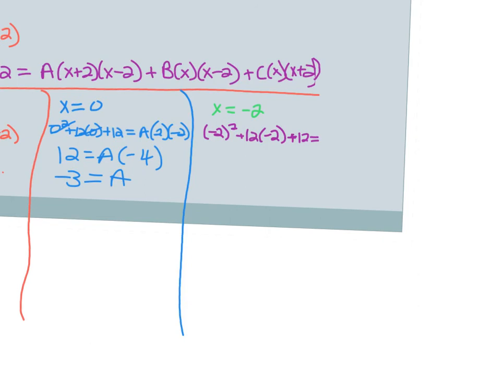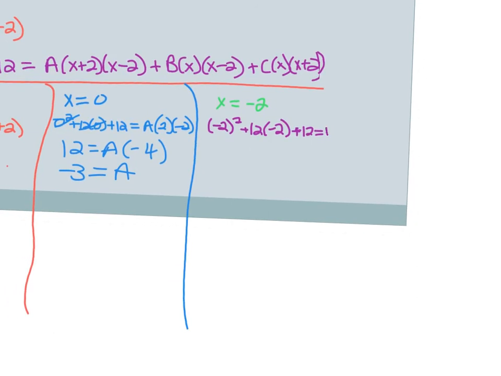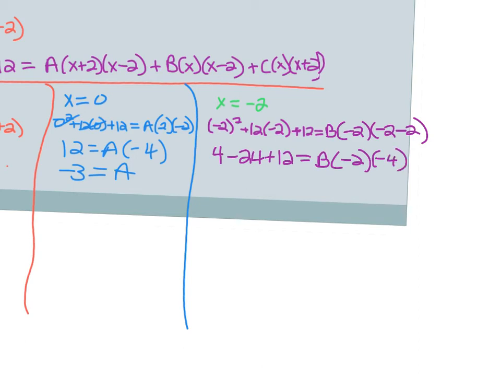B. So B times negative 2 minus 2. Oh, that's a B. Oops.